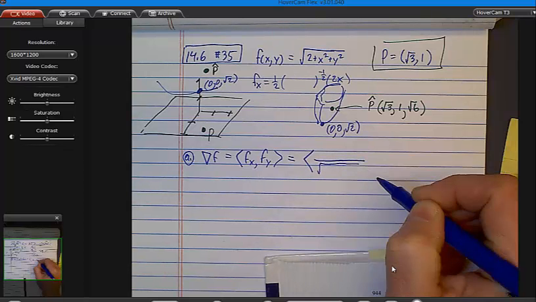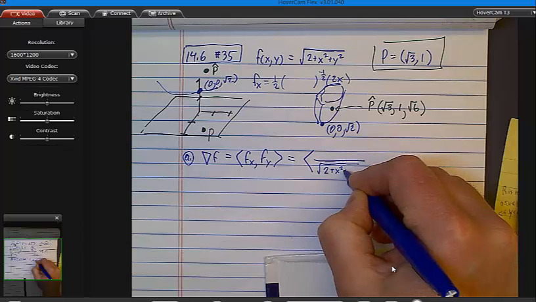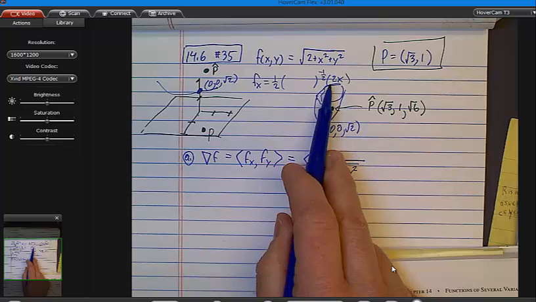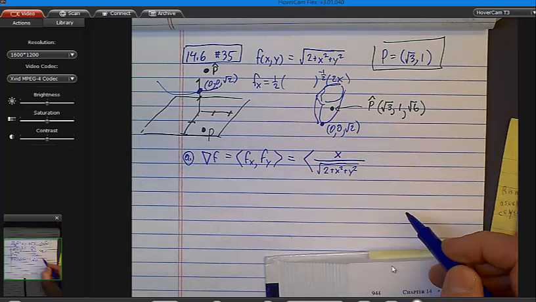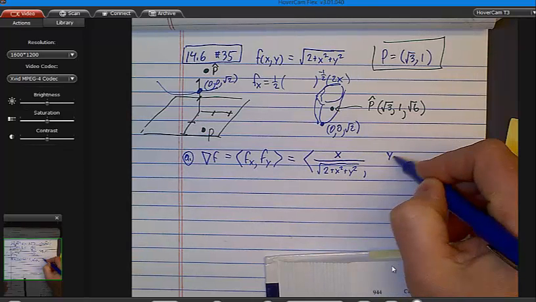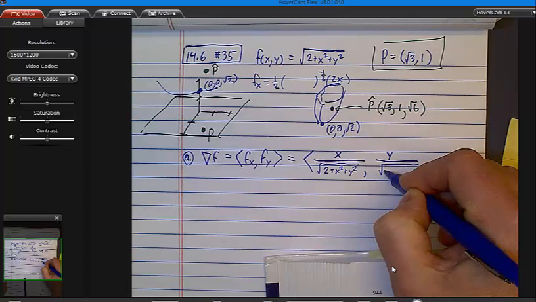So we have in the bottom under the square root a 2 plus x squared plus y squared. And I notice that this 2 cancels with that 2, and so I just have an x in the numerator. And I think you can compute pretty quickly that f y is going to be the same thing with a y in the numerator. So I agree, this one's not too bad.